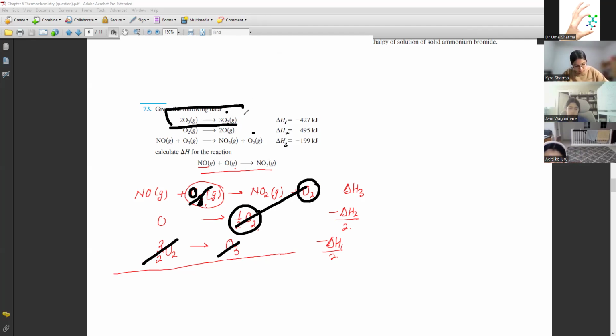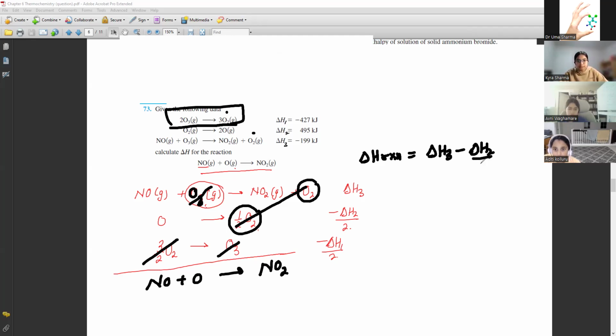Do the changes so that O3 cancels out. The rest will be taken care of. And I'm getting the final equation. What's the answer? And you plug in the values and get the answer.